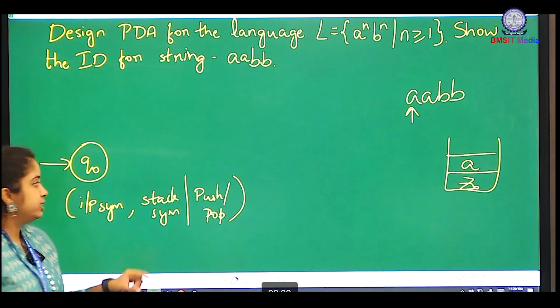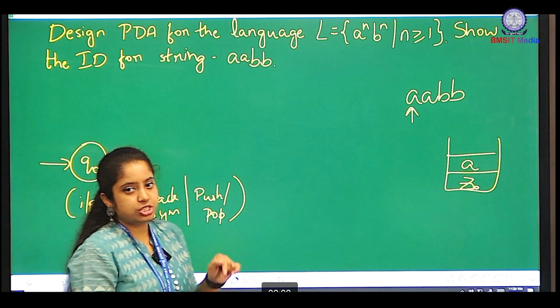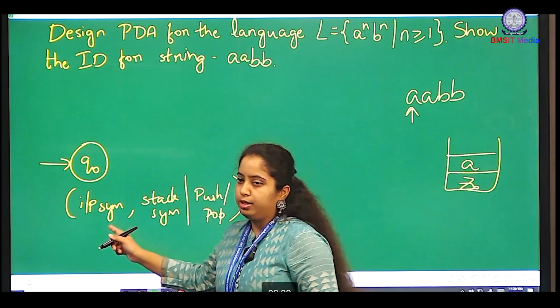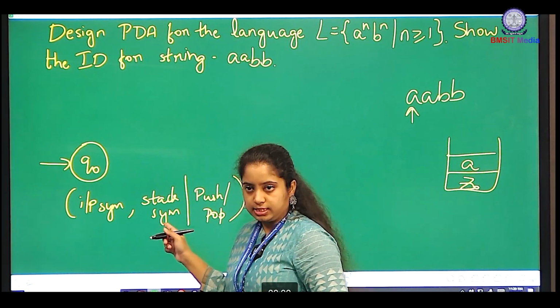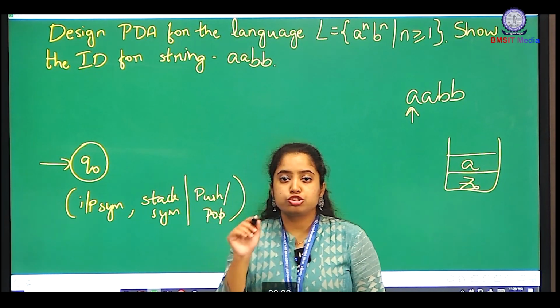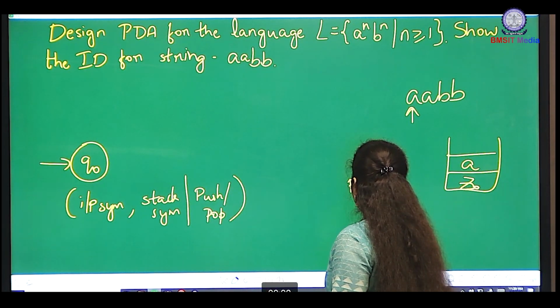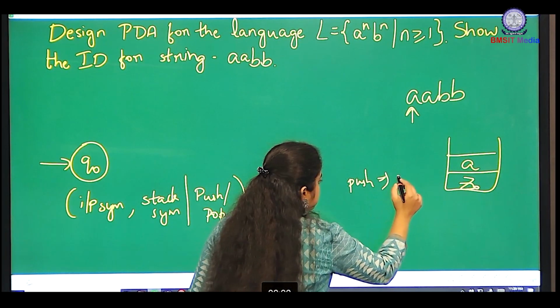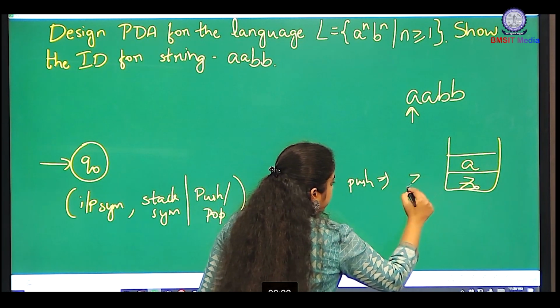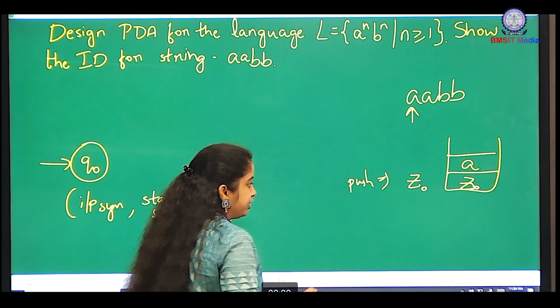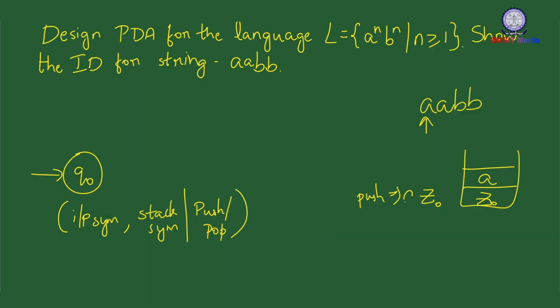This is how you write the transitions in the transition diagram. First is the input symbol, next is the stack symbol, and next is the push or pop element. If you are pushing, you will write the transition as: current stack element is Z0 and whatever you are pushing, that is the push operation.